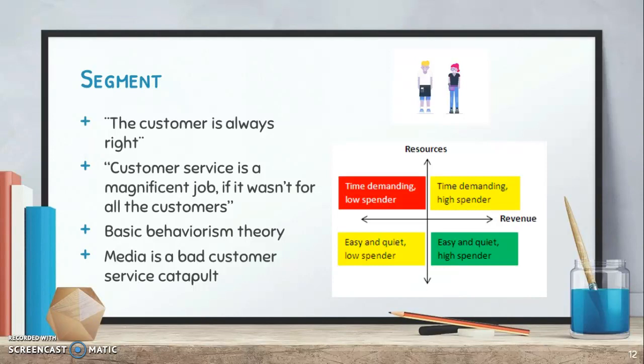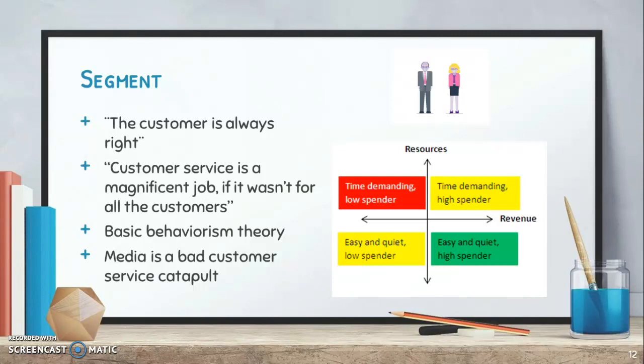The other quadrant is when somebody is time demanding, but they are high spenders. These customers, we do want them around our business. However, we need great customer service to keep them in our business.